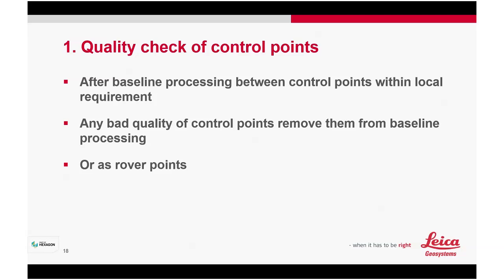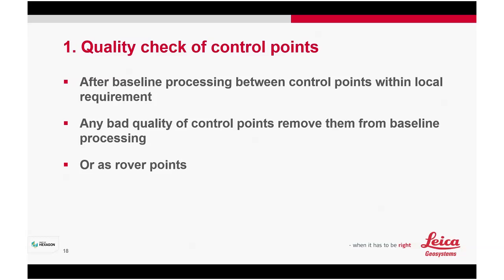Here is my suggestion. When we do baseline processing, if we have two control points, we really need to check the two control points. If one of the control points is no good, you have two options: move this control point out, or treat it as an unknown point and do the processing, and then we define the new coordinate of that point.